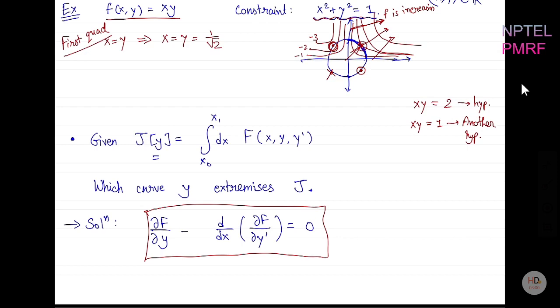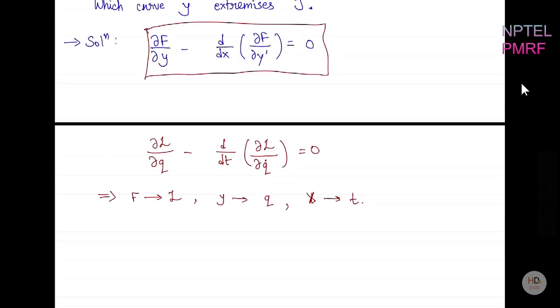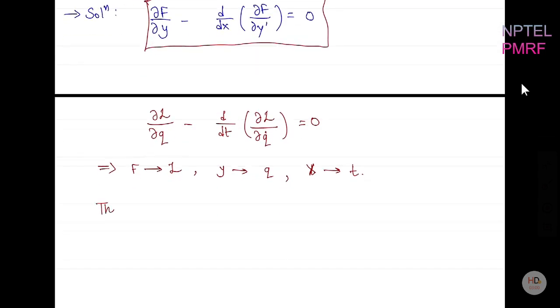Which means if we look at this functional, the functional J of q is the integral of L dt. And this is generally called action.